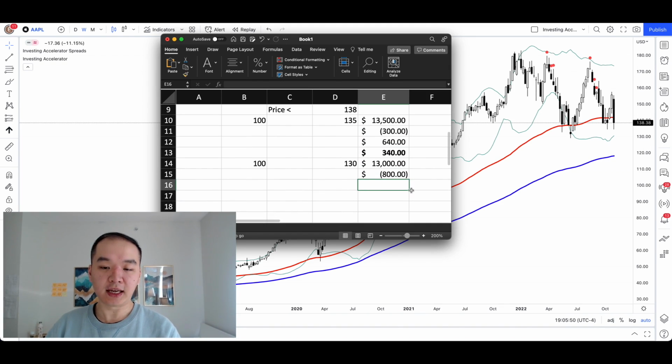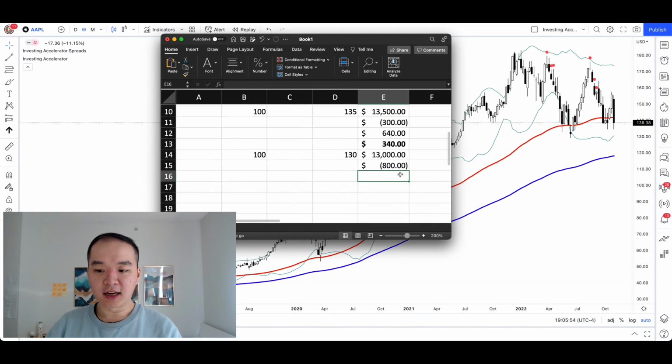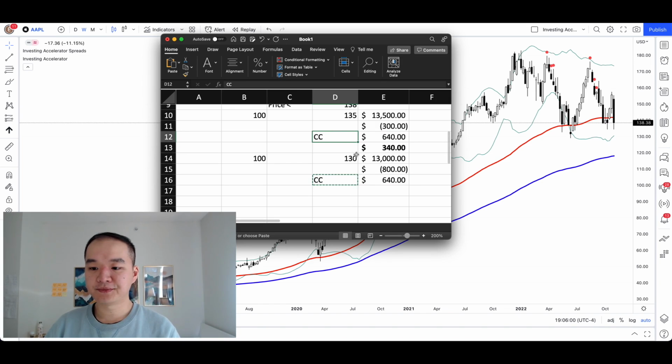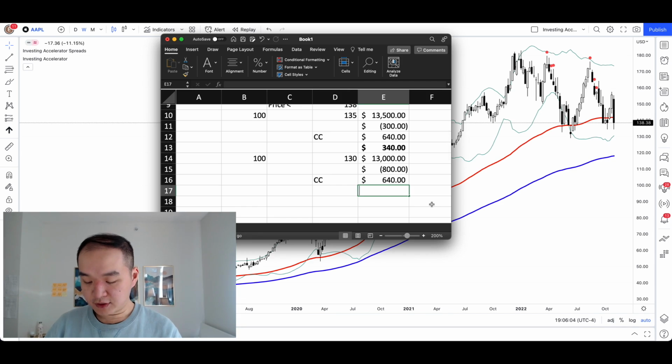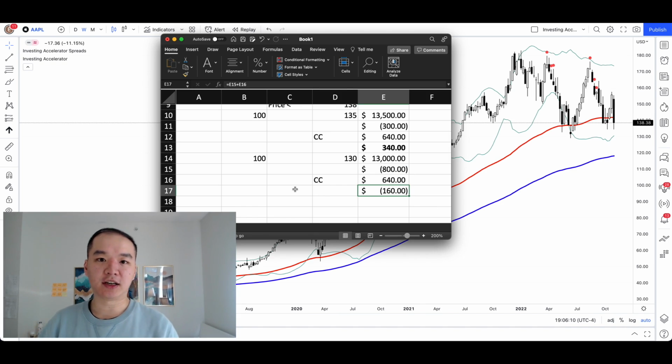So you're losing $800. But this loss is reduced by the 640 you make from the covered call. So just to make it clearer, that means your net loss will be $160 before including transaction costs.